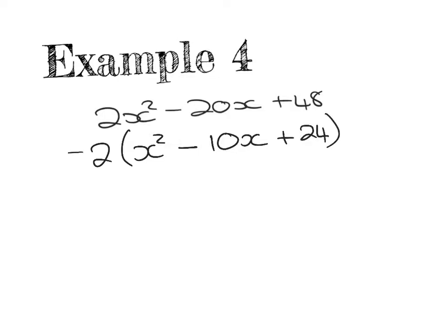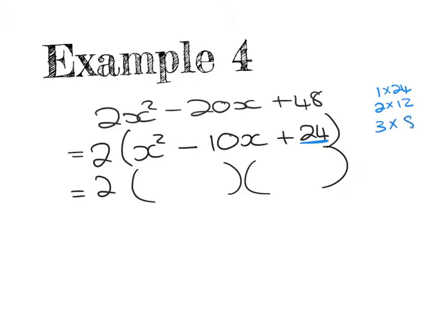Now the one inside the bracket will become my double bracket. Now I take my 24 and I work out my factors. It's 1 times 24, 2 times 12, 3 times 8 and 4 times 6. That is them.